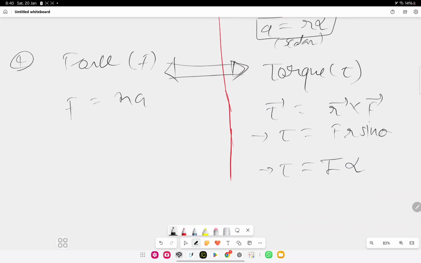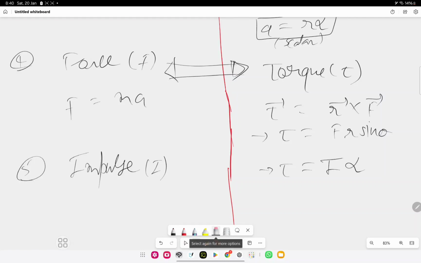Similarly, we can write relations for more things. Next one I'm going to take is impulse. Impulse, I or J, equals F into delta t, or the change in momentum of the body.